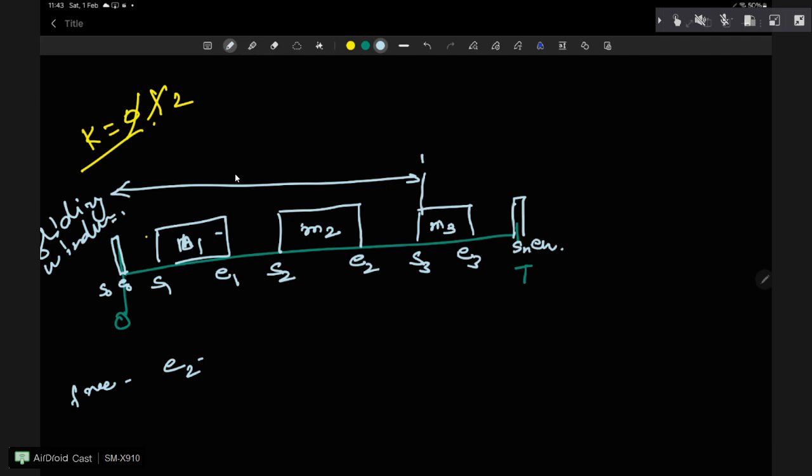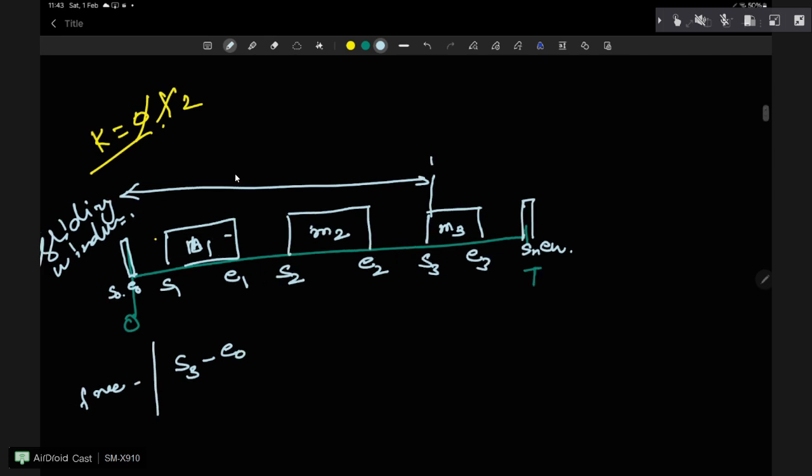Like if it is E2, it would be S3, the starting time of the k plus 1 element, minus the ending time before the first block, that is E naught. This is the total time, S3 minus E naught.